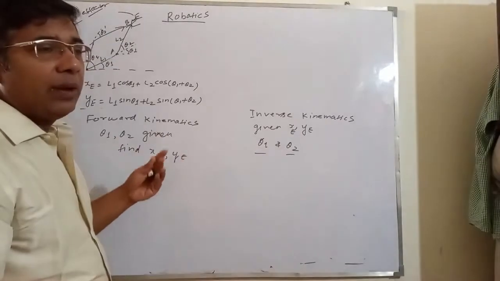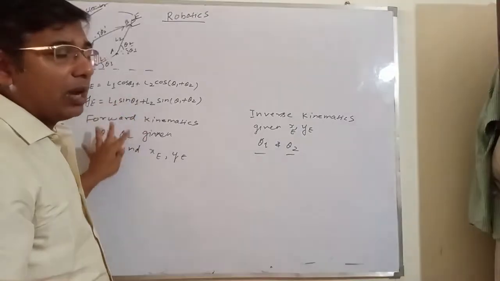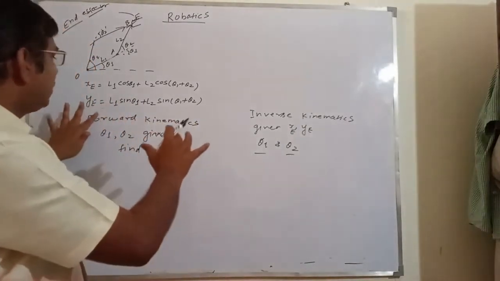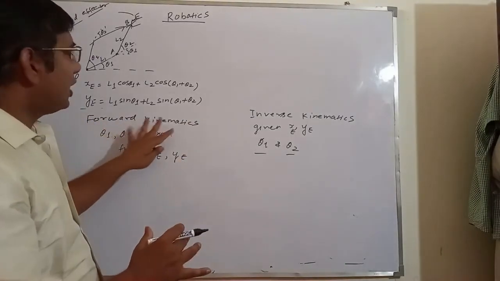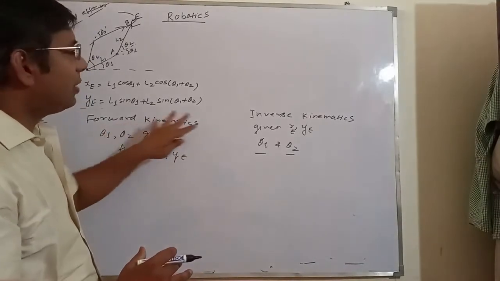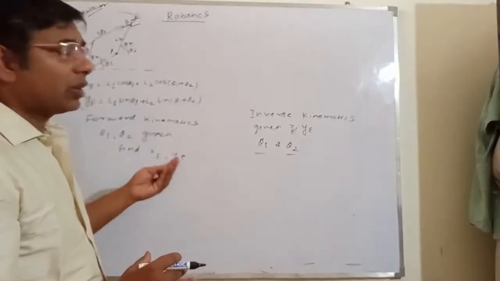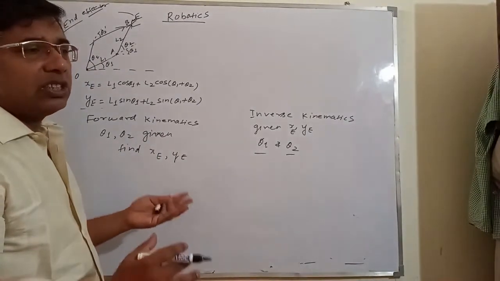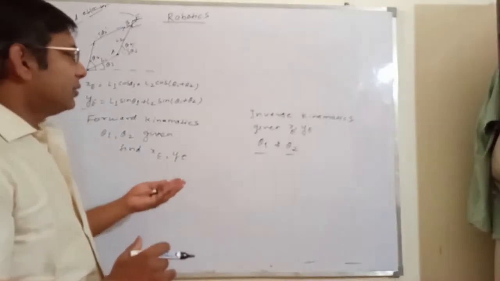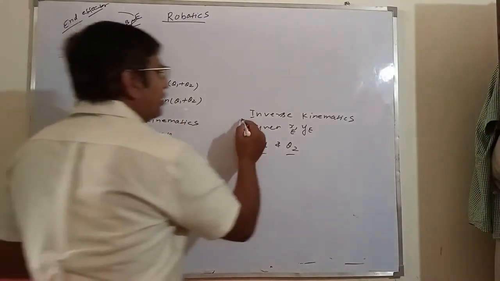We employ different software, because manually we can't do these things. So these are the two things in kinematics in robots and robotics. First is forward kinematics, and the other one is inverse kinematics. Because it's kinematics, we are not talking about forces. We are only talking about displacement, then velocity and acceleration. Okay, so this was about forward kinematics and inverse kinematics.